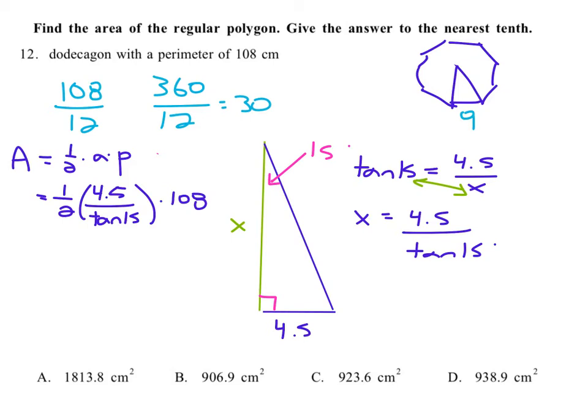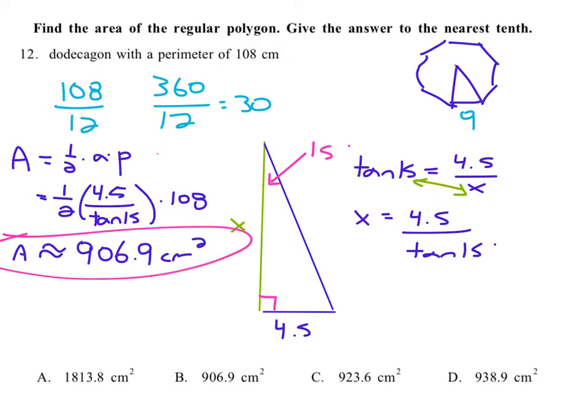And we get 9.06888 approximately, or 906.9 centimeters squared. The area of the whole thing. Where do we see that? There we see it right there. So the trick with this is to find the apothem and then use that formula for finding the area, 1/2 apothem times perimeter.